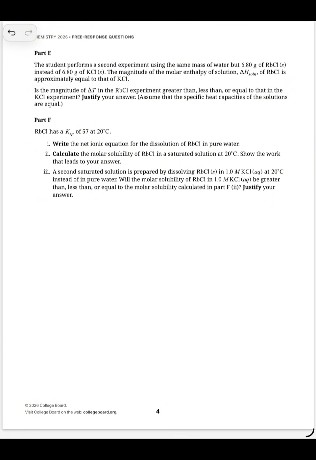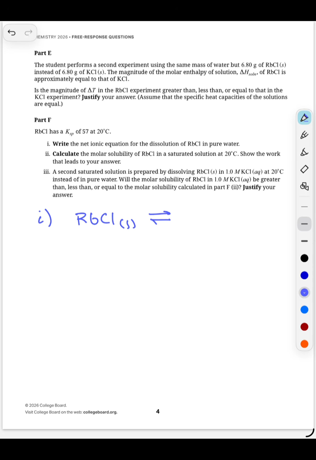So for part F(i), they give us the Ksp of the rubidium salt at 20 degrees Celsius, and they want us to write the net ionic equation. So for RbCl, we have the unionized salt, which is a solid. And then we end up with the rubidium ionizing with a +1 charge because it's group 1, and then chloride ionizing with a -1 charge because it is group 17.